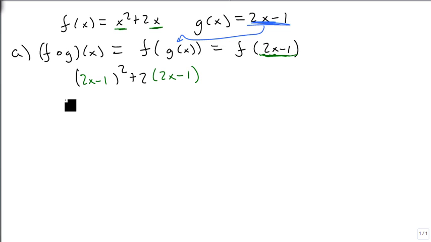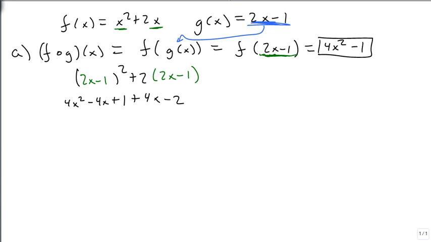This is a perfect square trinomial, so we square the first one, we multiply the two together and double it, and we square the second one, and then we distribute the 2 to get 4x minus 2, and we combine like terms. 4x squared is left alone, minus 4x plus 4x goes to 0 and disappears, and 1 minus 2 is minus 1. So by composing f with g of x, I end up with a new function, 4x squared minus 1.